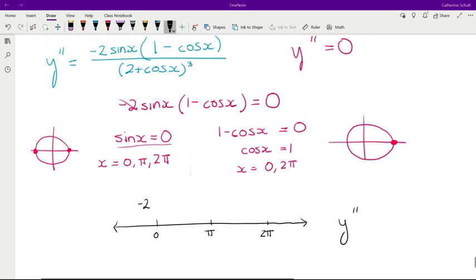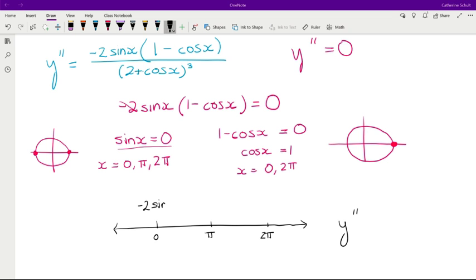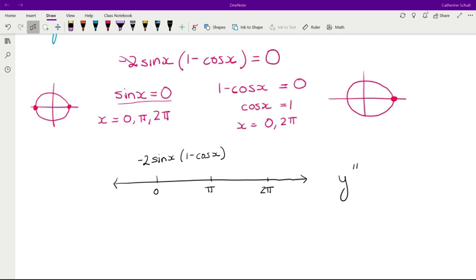So let me write that out. Negative 2 sine x, 1 minus cosine x. And we're just going to plug in some numbers. And again, because it's just the first period, we can just focus on 0 to 2 pi and then do a copy and paste to get the rest of the graph. So let's choose pi over 2.